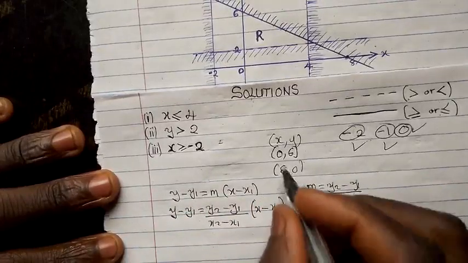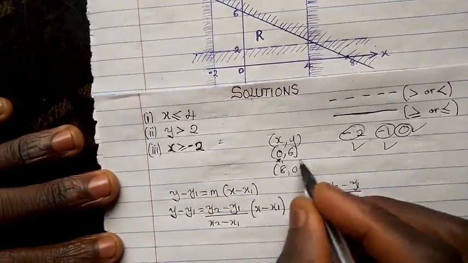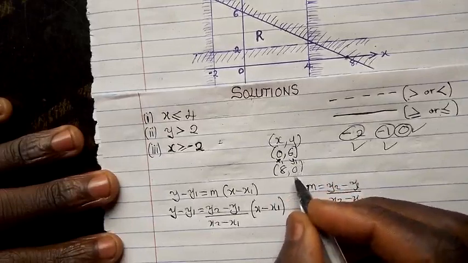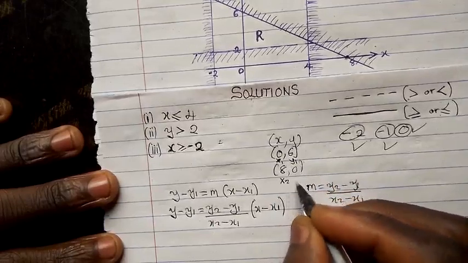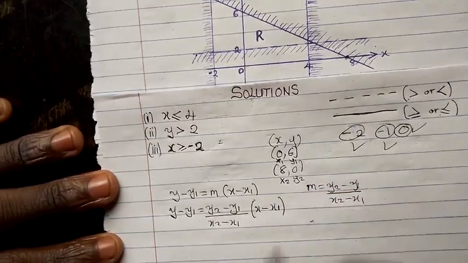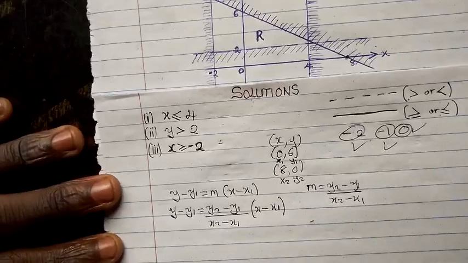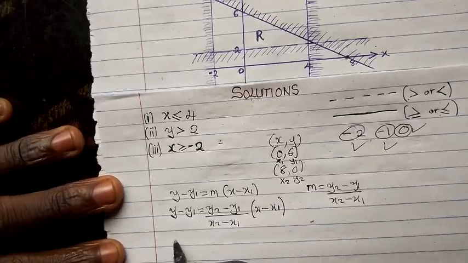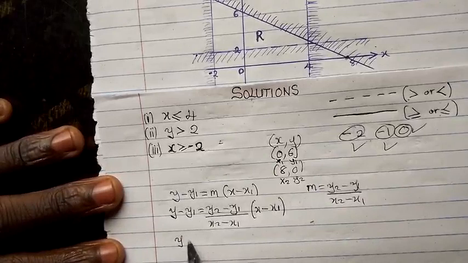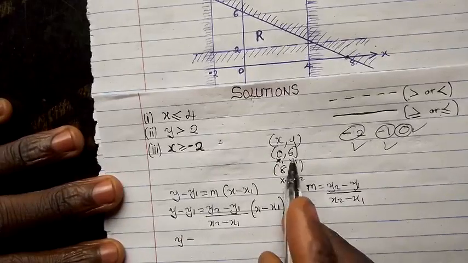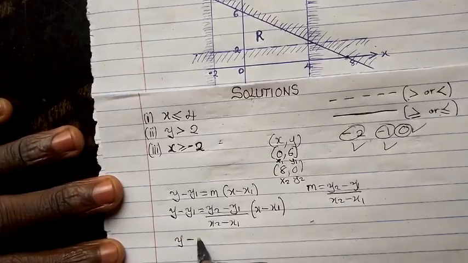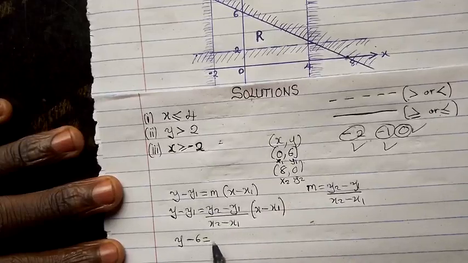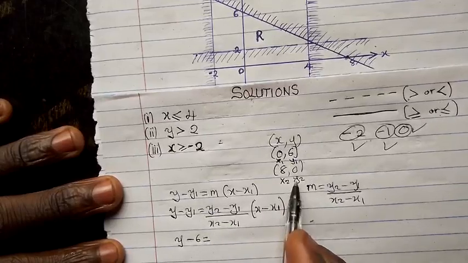So in this part here, I'm going to now name the coordinates. This one is going to be my x1, this one is going to be my y1, this one is going to be my x2, this one is going to be my y2. So y1 is 6, y2 is 0.